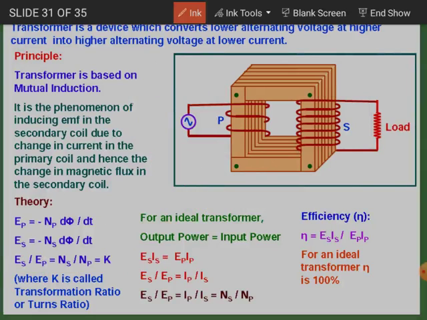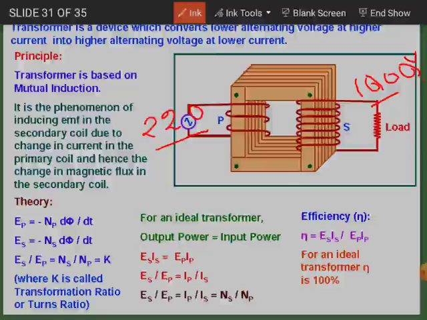Rather, we need thousands of volts. Suppose from 220 volt we want to get 1000 volt, then we need to use a step up transformer.